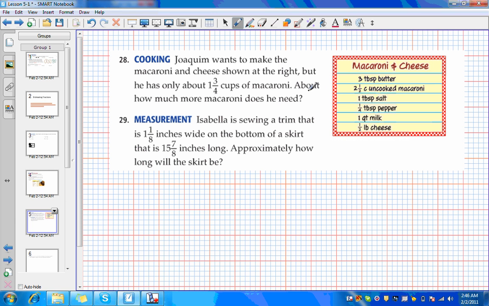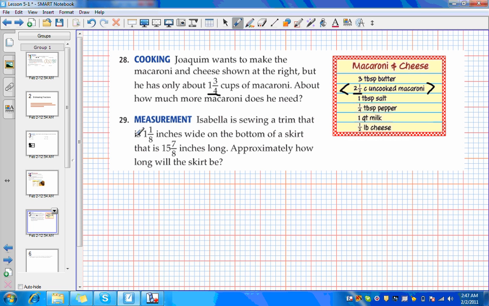So you need to look now at the recipe and see how much macaroni is needed, right? About how much more macaroni does he need? So you could just round this off to the nearest whole number, round that off to the nearest whole number, and come up with an estimate.